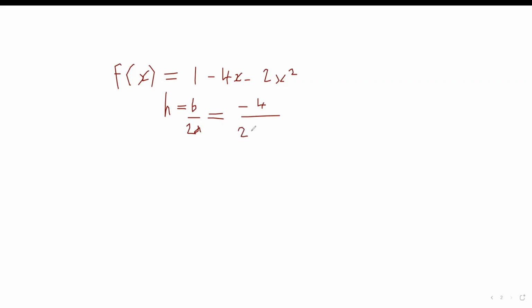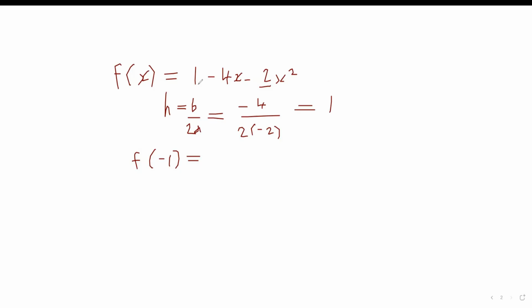This is your a, so it's 2 times negative 2. So that works out to be negative 4 over negative 4, which is 1. So since we have that now, the next thing we need to do is find f of negative 1, the x value at the turning point.